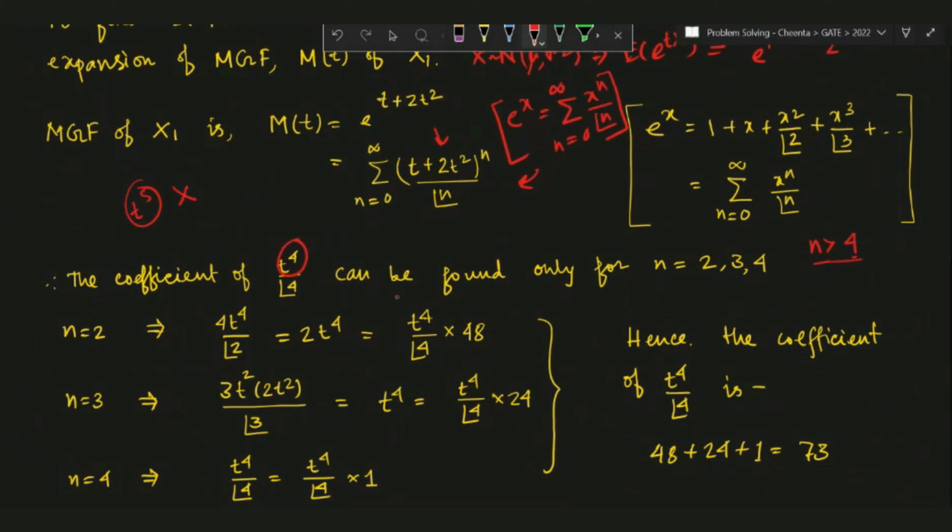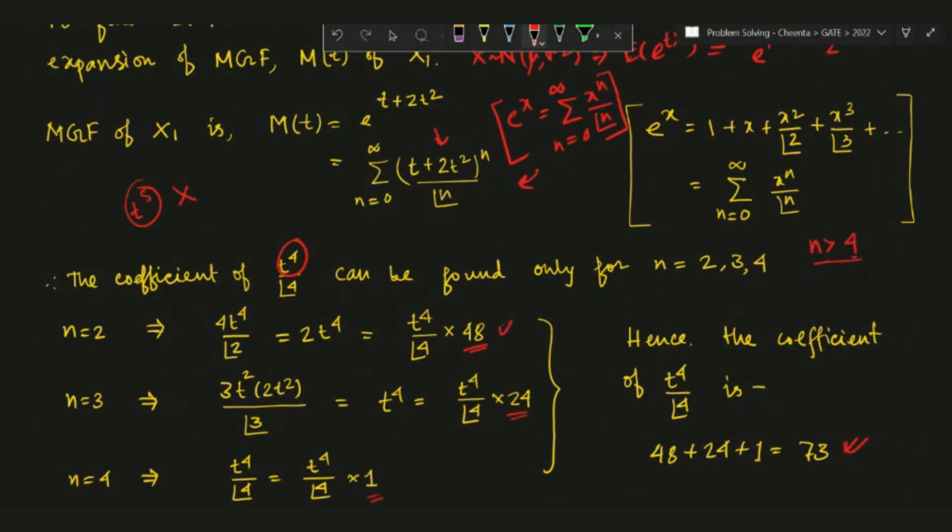From n equal to 2, the coefficient of t to the power 4 by 4 factorial is 48. For n equal to 3, this is coming out to be 24. And for n equal to 4, this is coming out to be 1. As a whole, the coefficient of t to the power 4 by 4 factorial is 48 plus 24 plus 1 equal to 73.